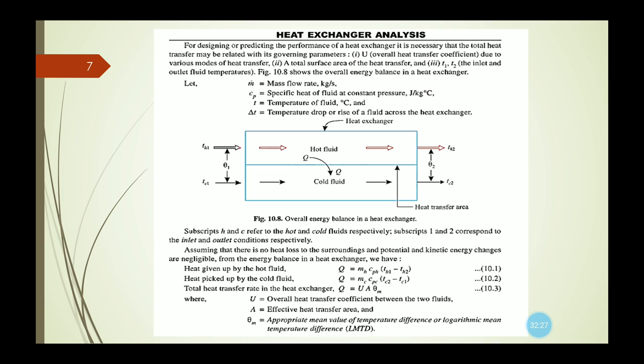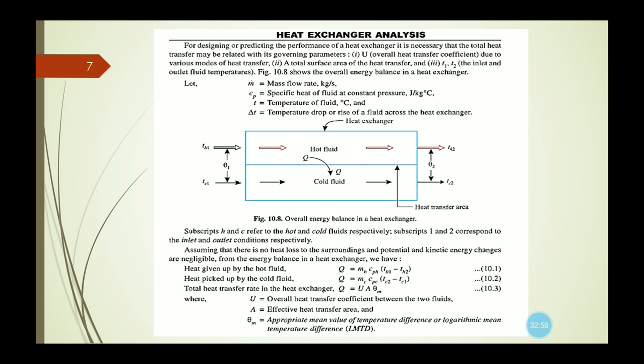Now the total heat transfer rate in the heat exchanger, Q, equals U A theta m. So what are these? U is the overall heat transfer coefficient between the two fluids. Capital A is the effective heat transfer area, and theta m is the appropriate mean value of temperature difference, or the logarithmic mean temperature difference, in short written as LMTD.